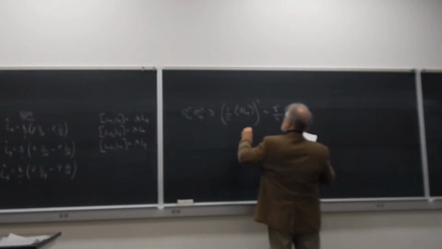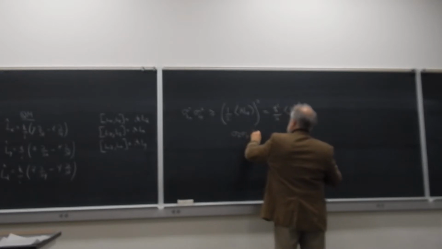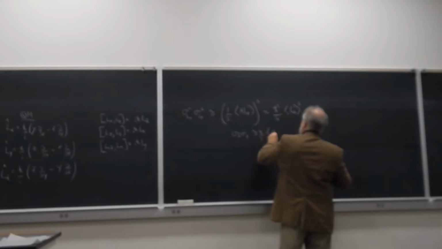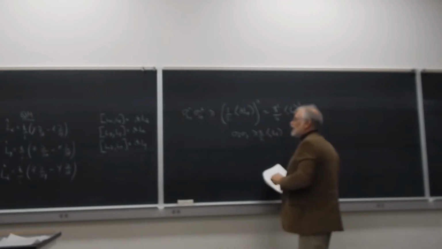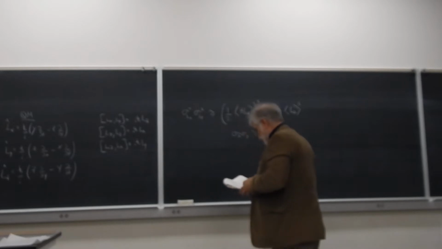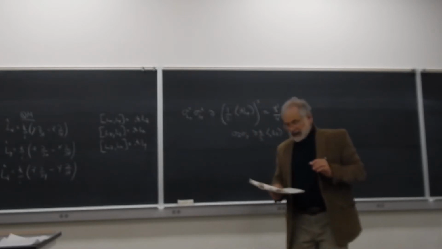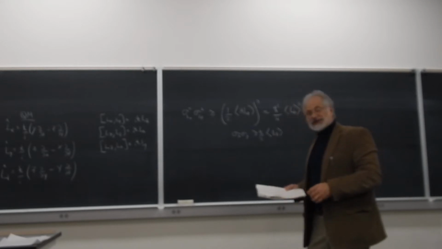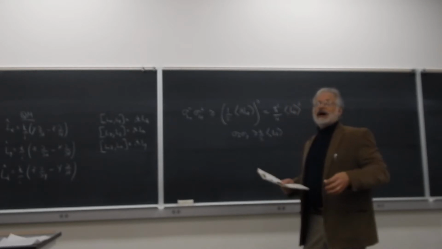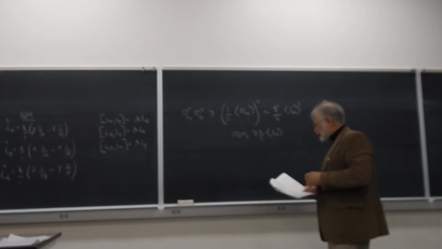Another way of saying it then is uncertainty in x times uncertainty in y is greater than or equal to h bar over 2 times the expectation value of the z component of angular momentum. That tells us that we're not going to be able to find states that are simultaneous eigenfunctions of Lx and Ly, or Ly and Lz, or Lz and Lx.